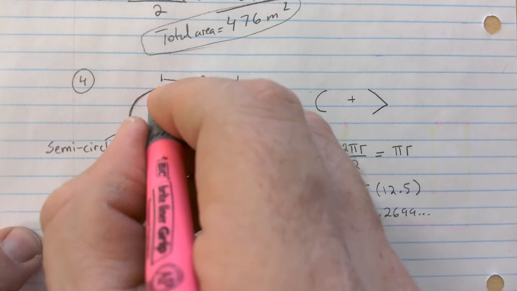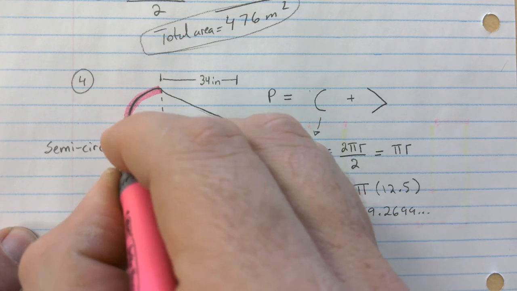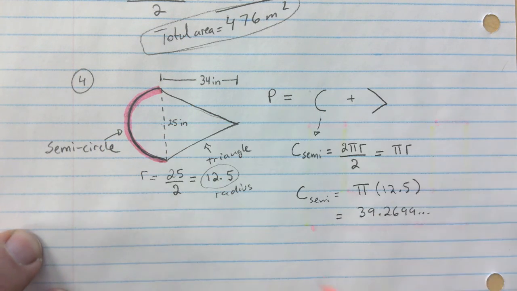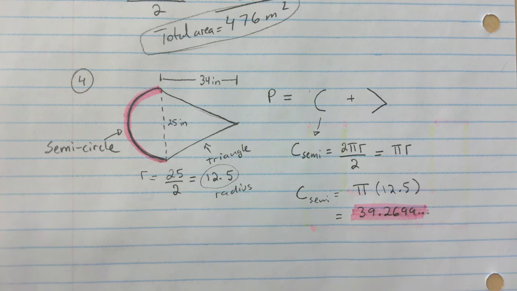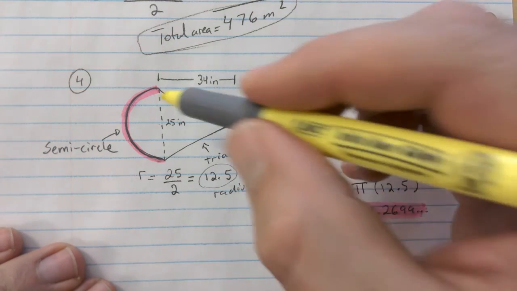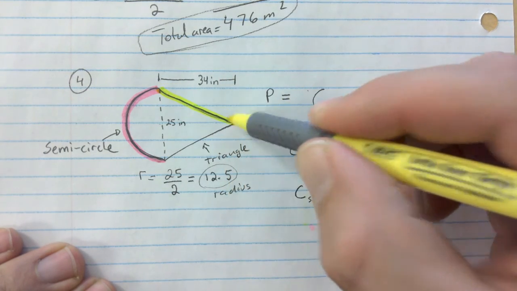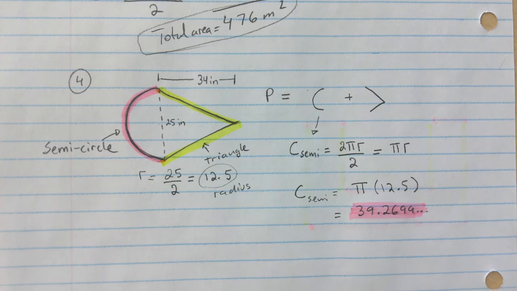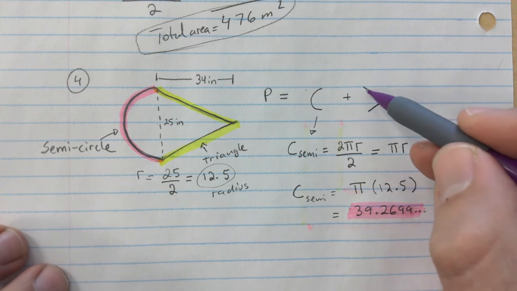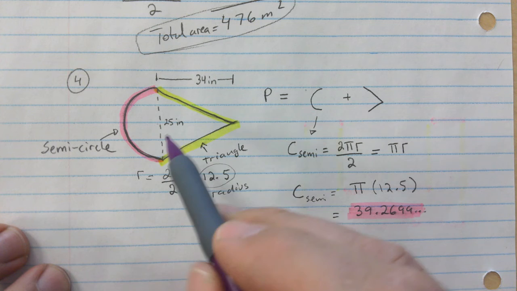So I'm going to go pink here. And we're going to go yellow highlighter for this part. Okay. For the triangle, we have to use Pythagorean theorem again, right?